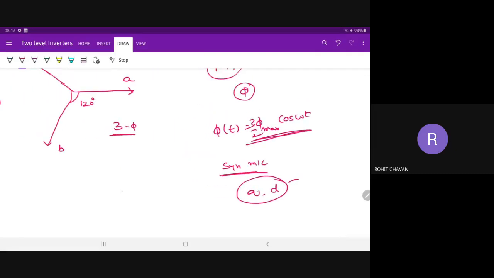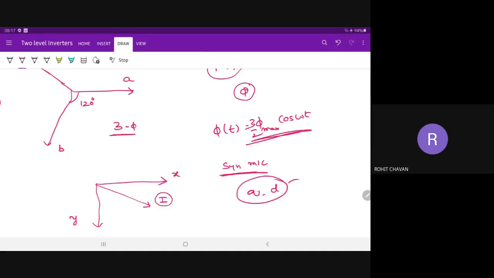It is a simple thing. For example, this is the x-axis and this is the y-axis. Suppose this is the current waveform, the resultant current. This current I can be resolved into two components.